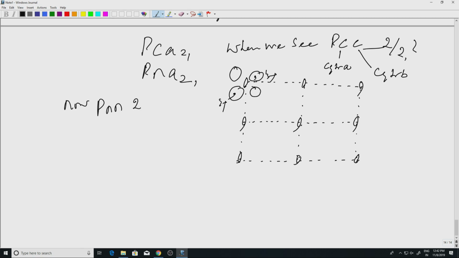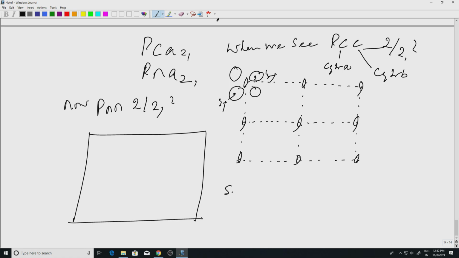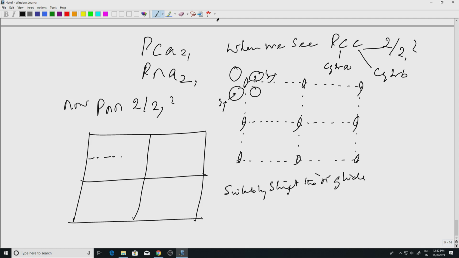Now PNN, again 2 or 21. Now we have to suitably shift the N glide. So that is at 1/4 of A and 1/4 of B. So this gets reflected.